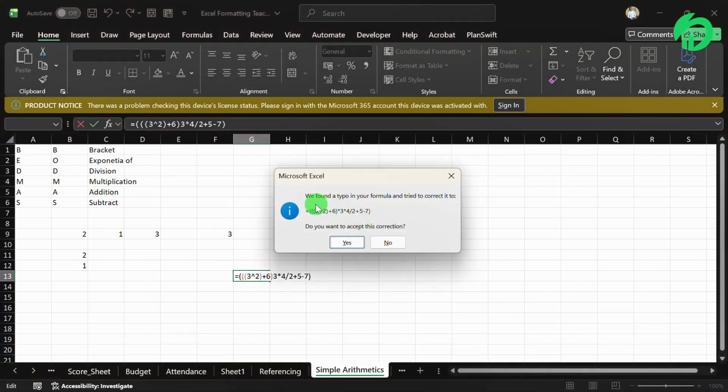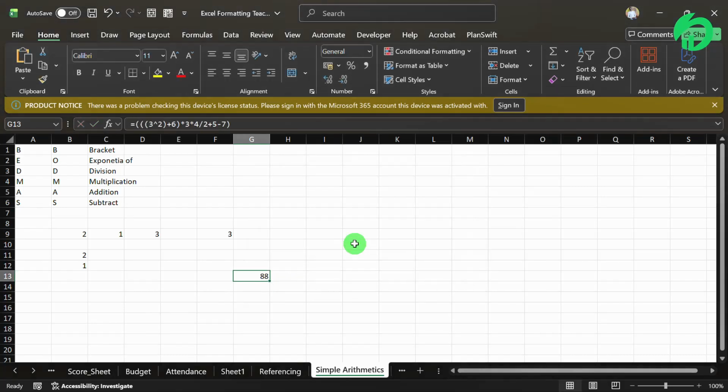So we found a typo error in the formula. Let's try to correct it. This correction is about the bracket.